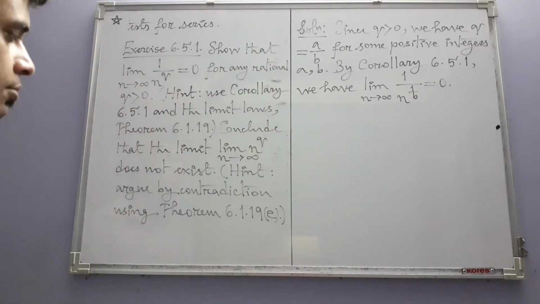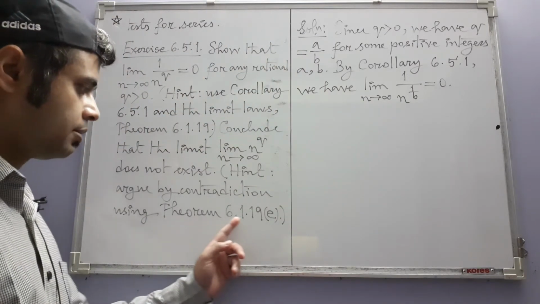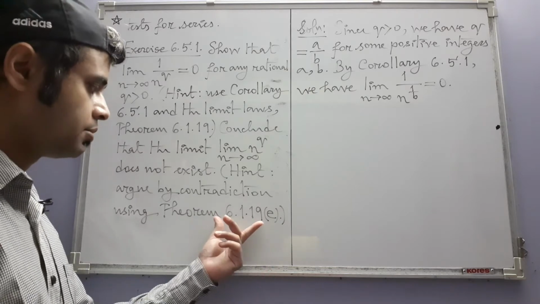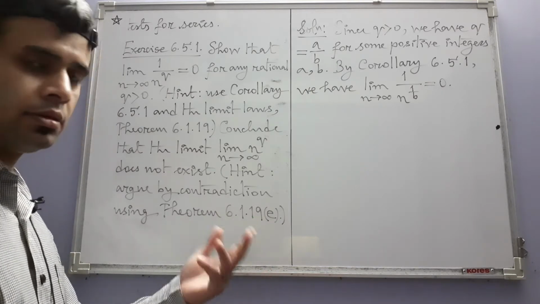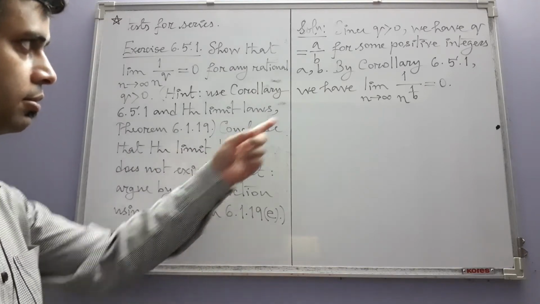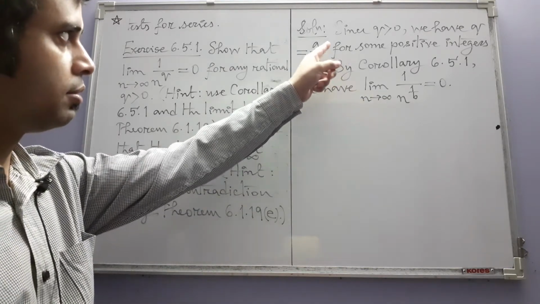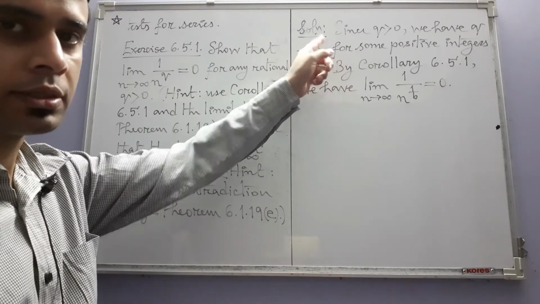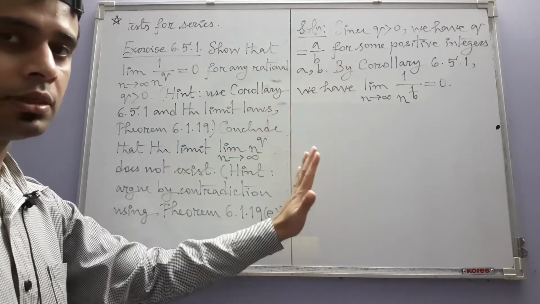And then you apply part B of theorem 6.1.19 along with induction to raise both sides to the ath power, because a, keep in mind, is a positive integer.